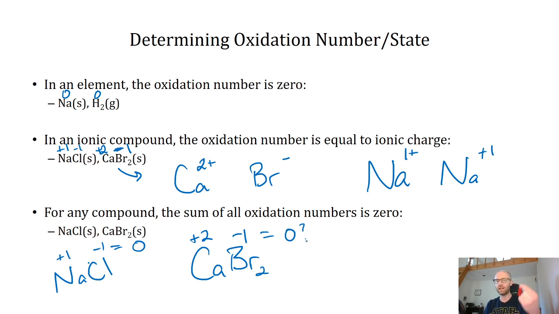When we assign oxidation numbers, the number we give is for each individual atom. There are 2 bromides in this compound for every 1 calcium. So what I like to do is put the oxidation number on top, and then if I need to do some math to make sure everything works out, I'll multiply this number by the subscript, then check my math.